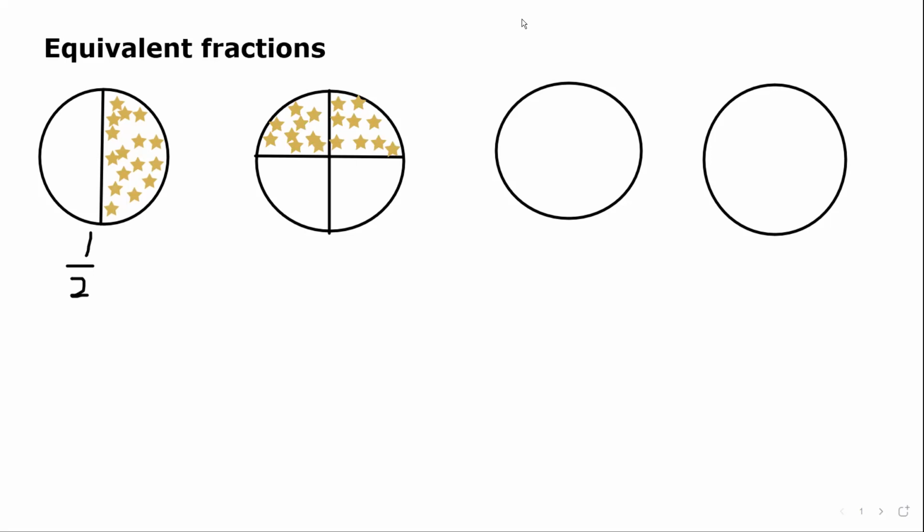Therefore, the orange here has been divided into 4 equal parts, and the person has taken 2, which is 2 out of 4. Okay.